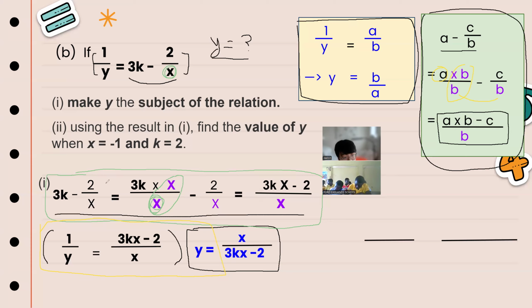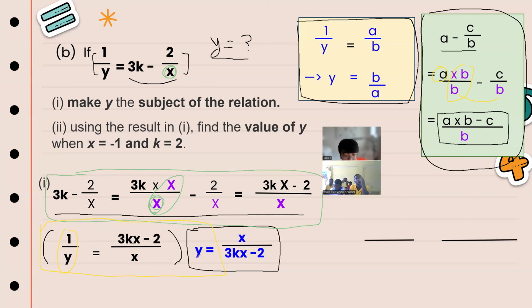So 3K minus 2 over X becomes 3KX minus 2 all over X. But the left-hand side was still 1 over Y. We need to find what Y is, not 1 over Y. And we can do that by flipping both sides of the equation.